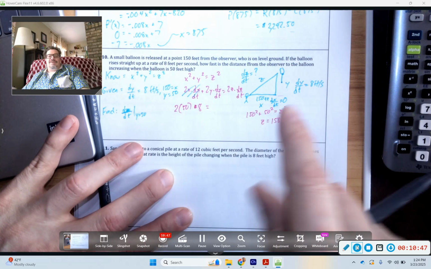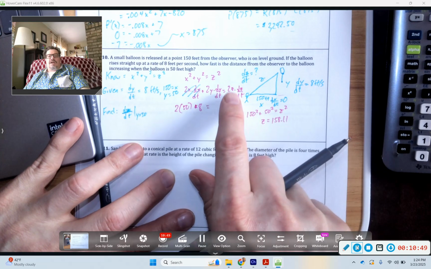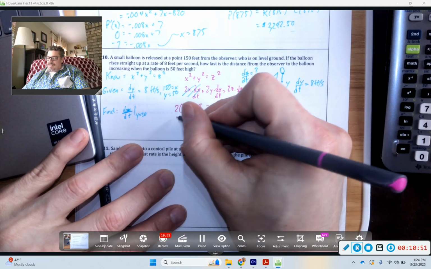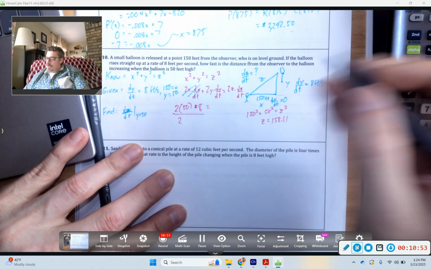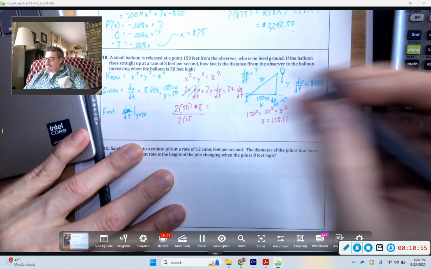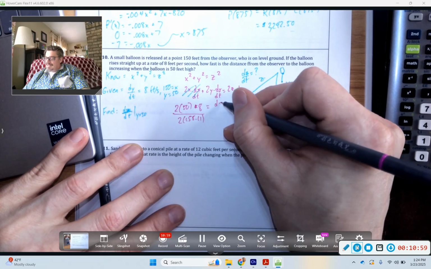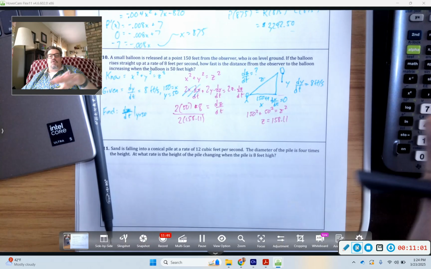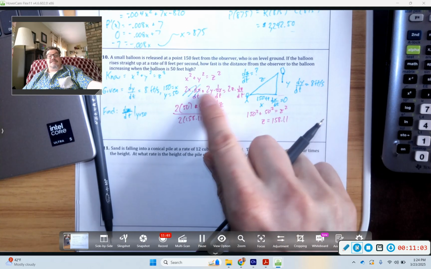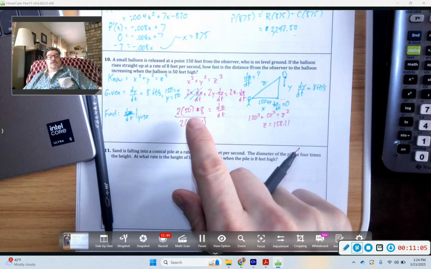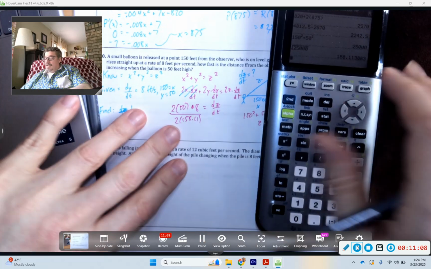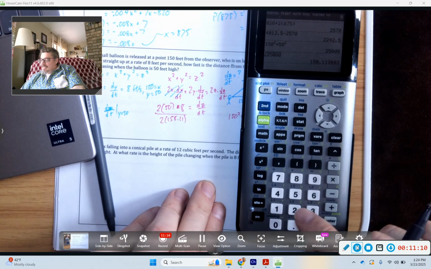Now z we said was this guy, and we're going to have to divide by it. So 2 times 50 times 8, divided by 2 times 158.11, is going to equal dz/dt. I'm running out of room, but I could have filled it in there. I still am going to have to divide by it. So let's punch that out, and that's going to be how fast this thing is changing.